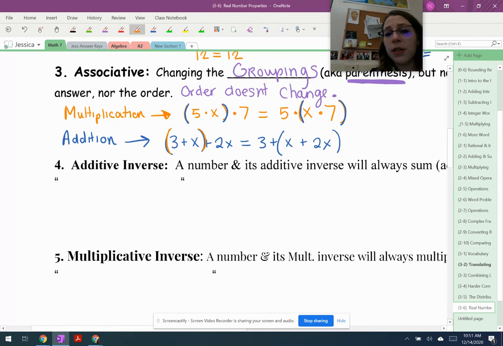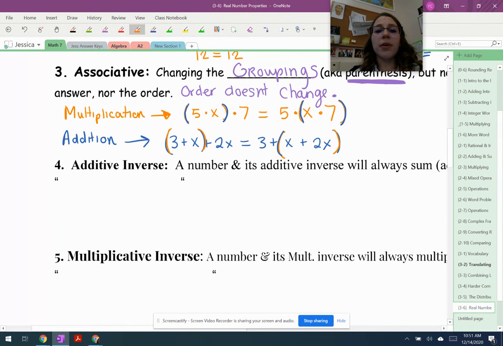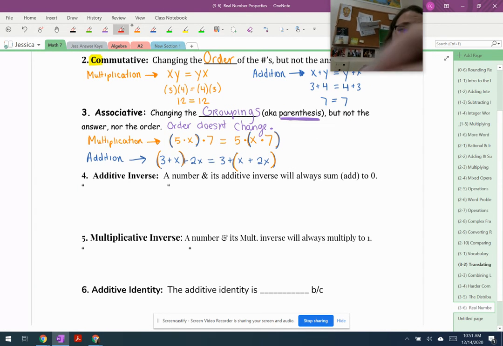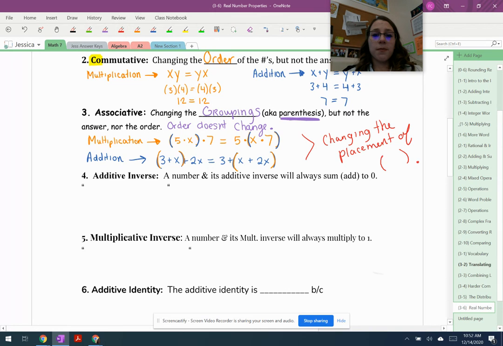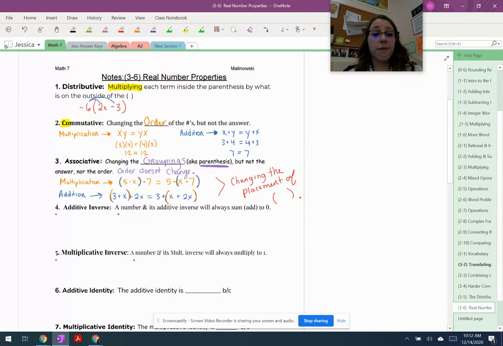So all you're doing is changing the placement of those parentheses. All right, so there's our first three properties.